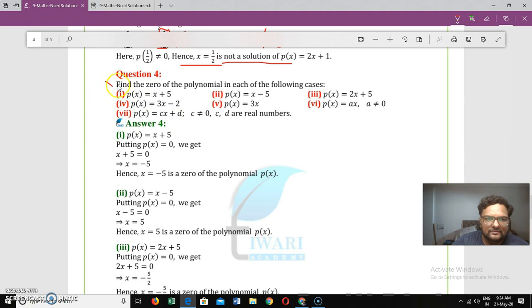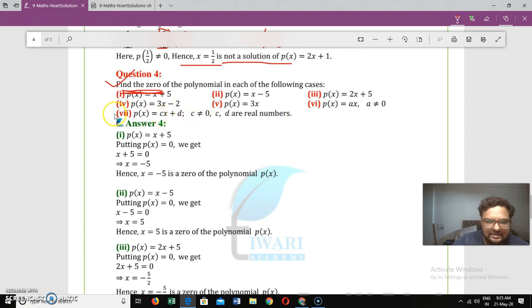Similarly, there is question number 4 where you need to find the values of zeros. That is, find zeros. Exactly what I mean to say. हमें zeros find करने हैं. So zeros find करने का मतलब है जो भी polynomial दिया है उसका x का value find करना है.